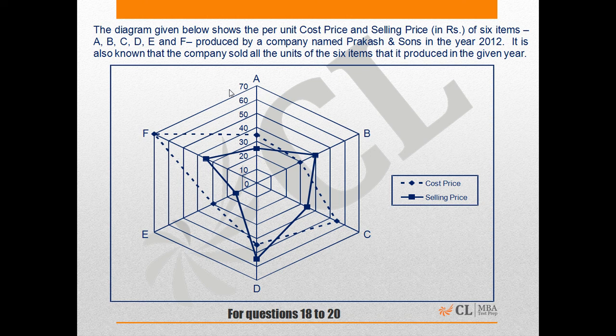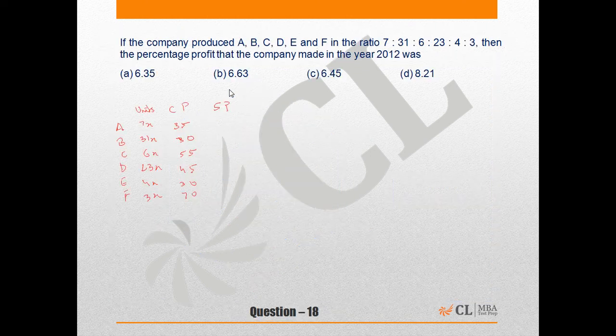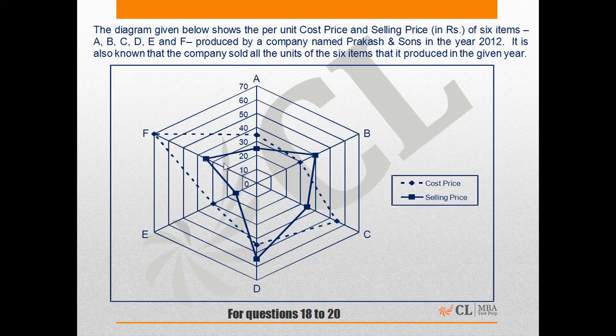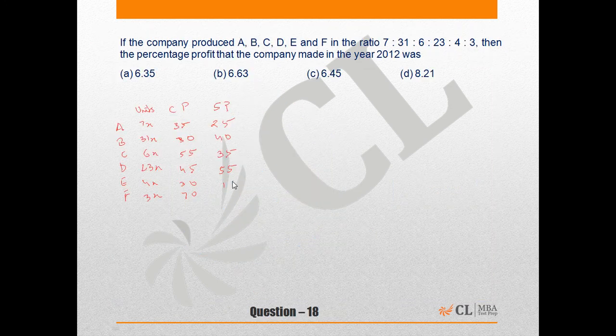The selling price of A is 25, B is 40, C is 35, D is 55, for E it is 15 and for F it is 35.